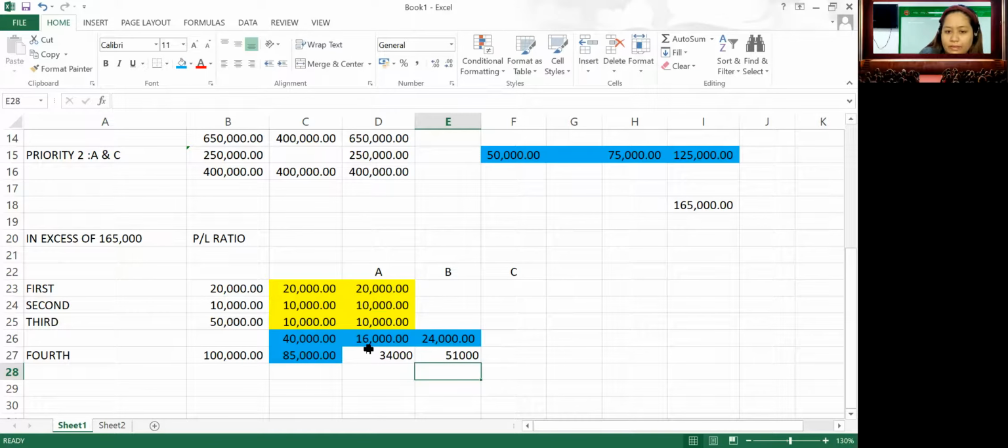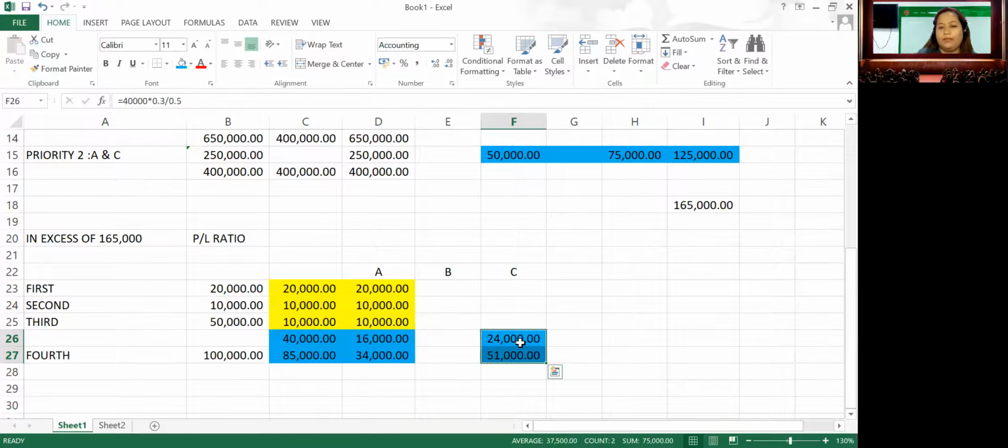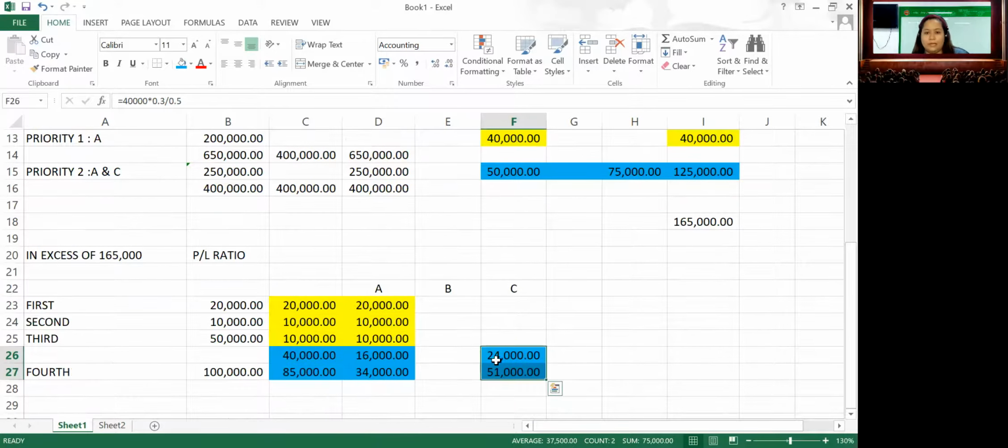So, you have your 51,000. Ibig sabihin, paano hahatiin yung 85,000? 34 ibigay kay A. 51 ibigay kay C. Oh, sorry. Okay, nako. Nalito na tayo dito. Etong dalawang to, kay C nga pala ito. Okay? Si C nga pala yung binibigyan natin, hindi si B. Ano, I stand corrected doon sa discussion na yun.